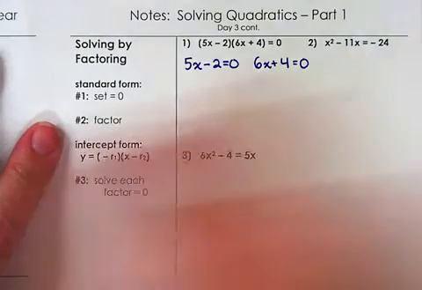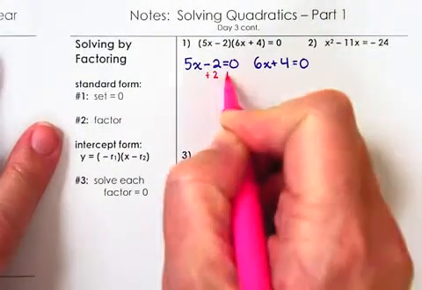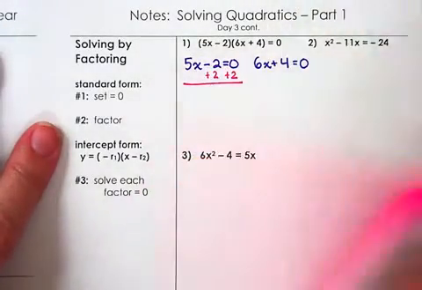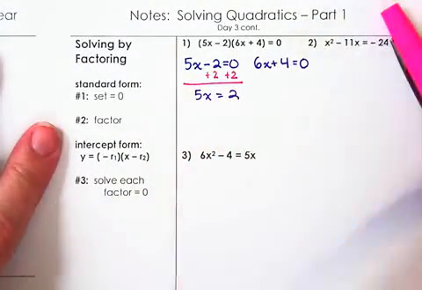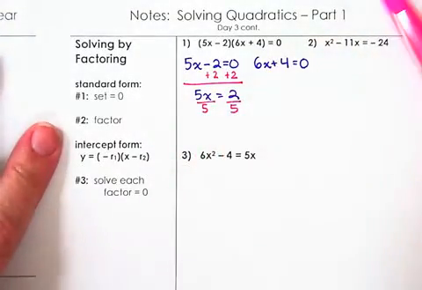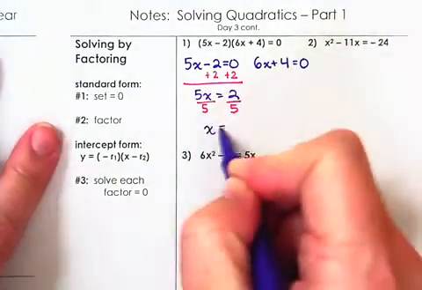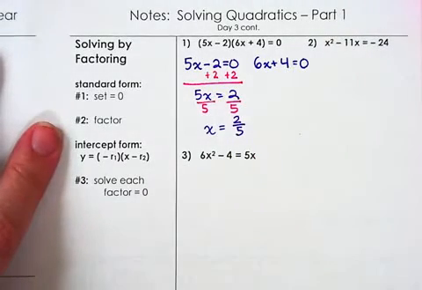So we go through the steps. Let's look at this first one. We're going to add 2 to both sides. So 5x equals 2, and then divide both sides by 5, and x equals 2/5. That's one of the solutions.